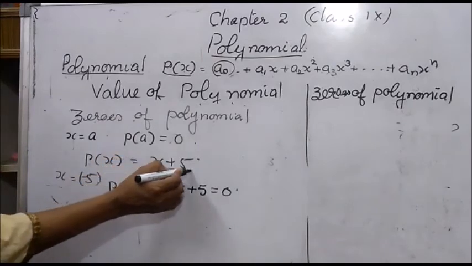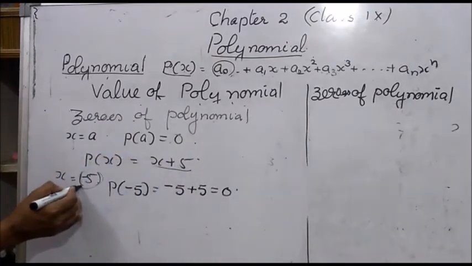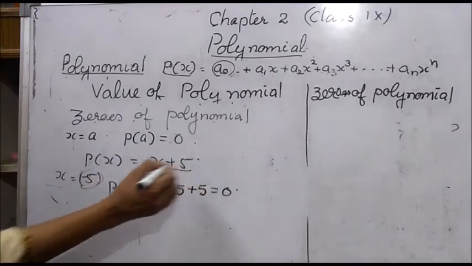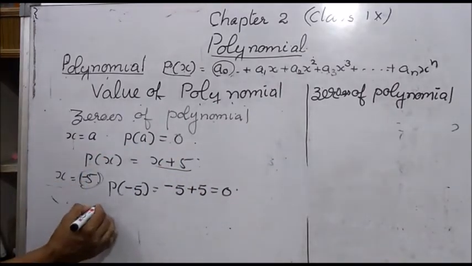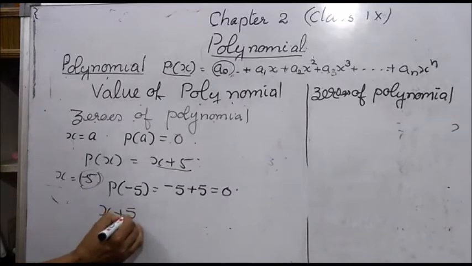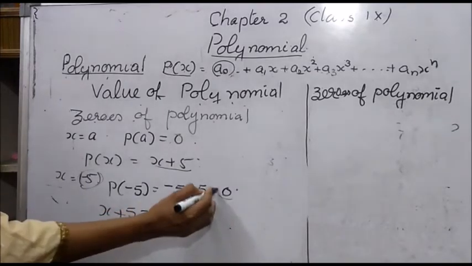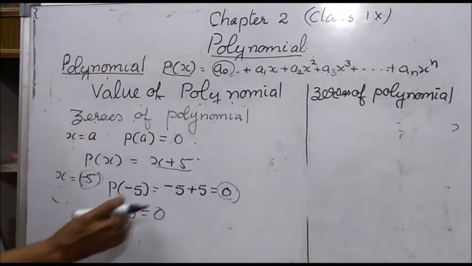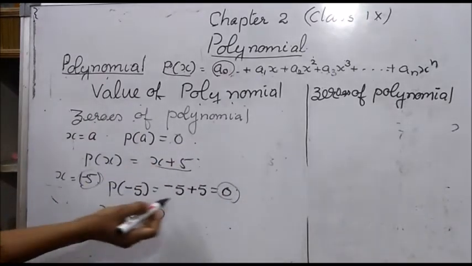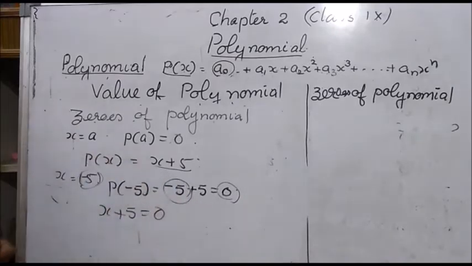Here it is a linear equation, so there is only one zero. In a linear equation we can find the zeros by putting the equation equal to 0. That means after putting the value, the answer should be 0. So how can we find out that root?